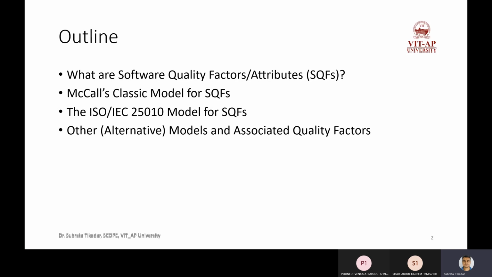Then we'll learn a standard model for software quality factors, that is the ISO and IEC 25010 model. Then we will also briefly know about the other alternative models except these two models and the associated quality factors. So let us go one by one.